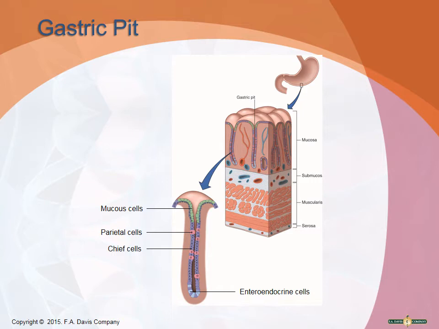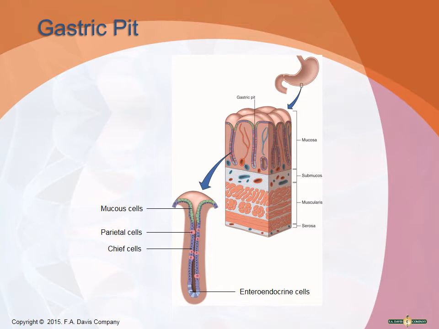The parietal cells' job is hydrochloric acid as well as intrinsic factor. And intrinsic factor is necessary for B12 absorption, and B12 we know is necessary for blood cell formation as well as the nervous system. So it's important. And chief cells, also found in this gastric pit, are responsible for the digestive enzymes, like pepsinogen is one of them.